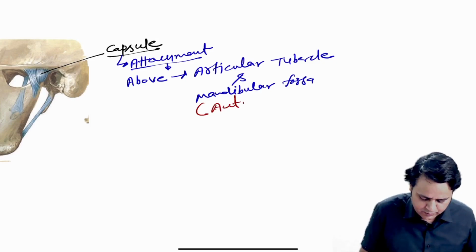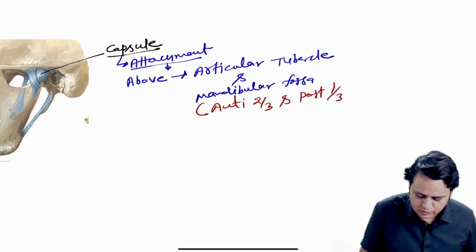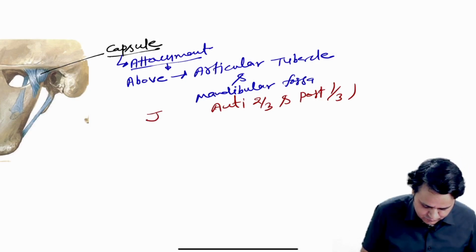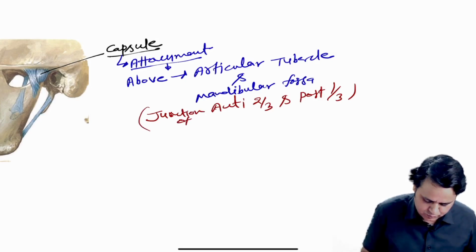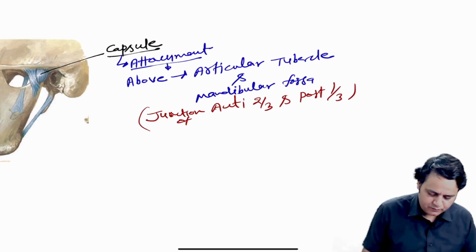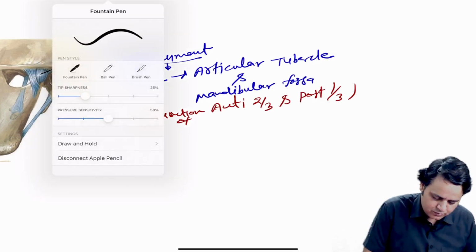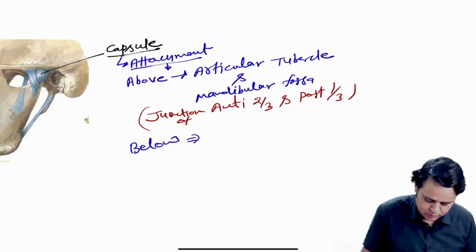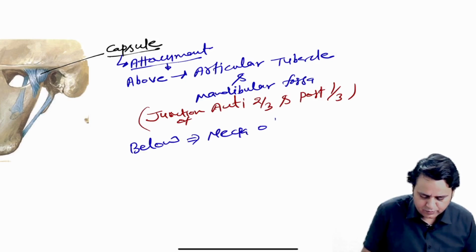At the junction of anterior 2/3 and posterior 1/3. And below, to the neck of the mandible.